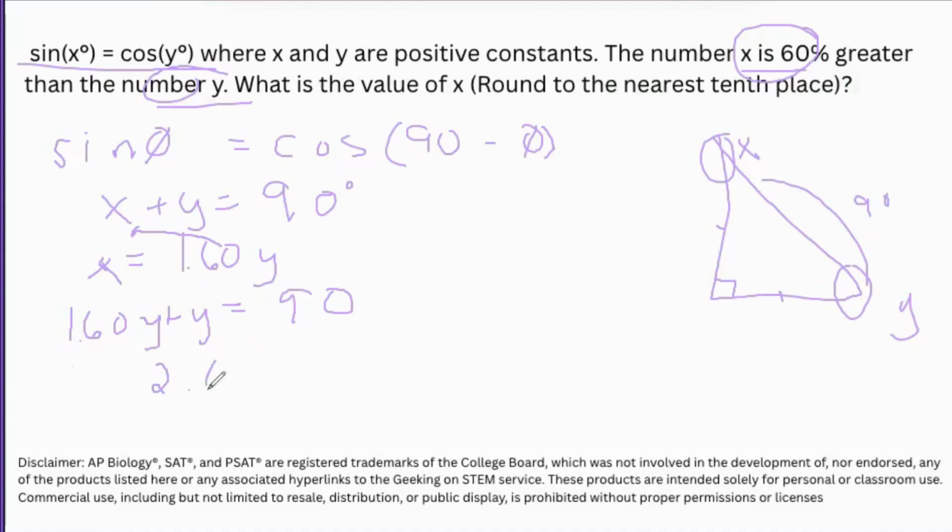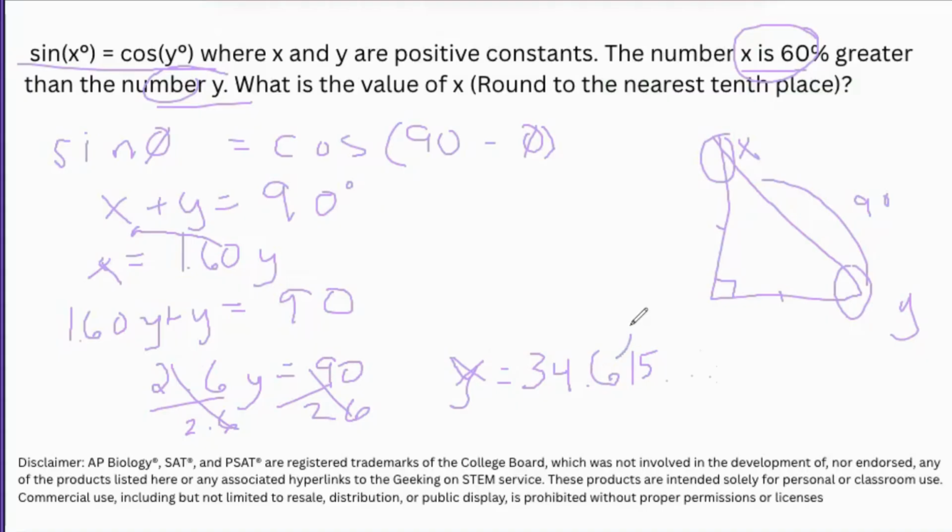We have 2.6y equals 90. Divide both sides by 2.6. Y ends up, because we divide both sides and we're solving for y, giving us 34.615 dot dot dot if you plug that into Desmos.